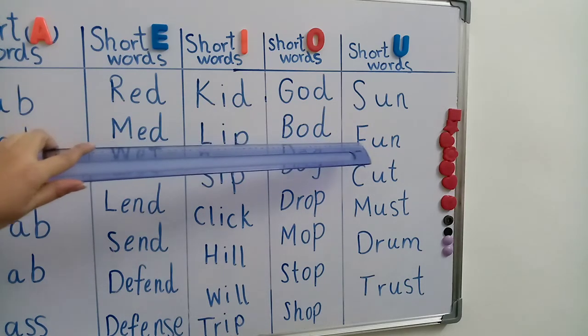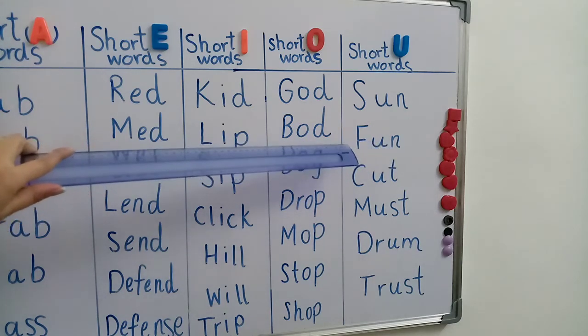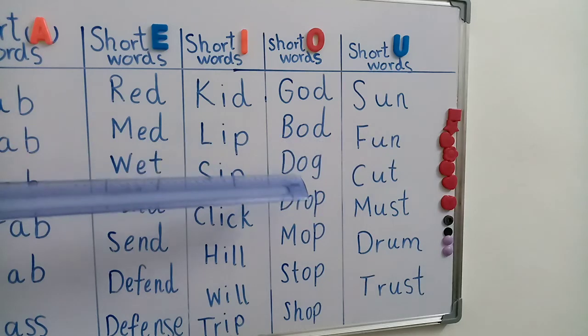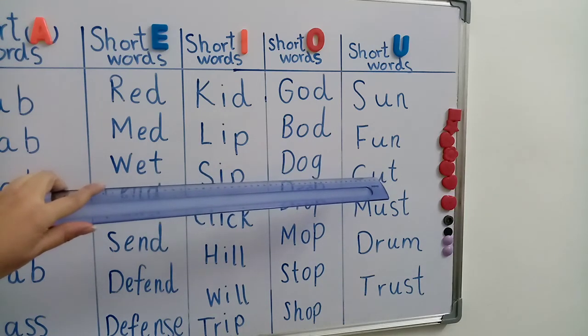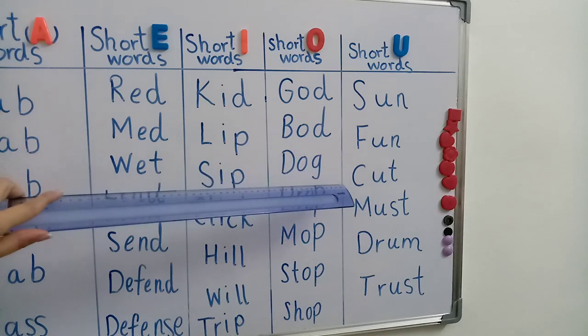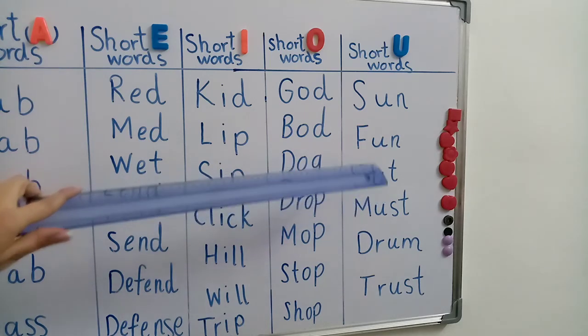Add to fu the sound N, so it's gonna be fun, fun. Okay. This word, what does the C say? The C says ka. We have ka and U, ku. Add the sound t to the end of it, so it's gonna be cut, cut.